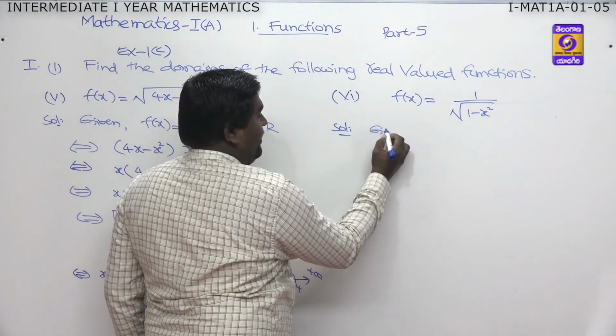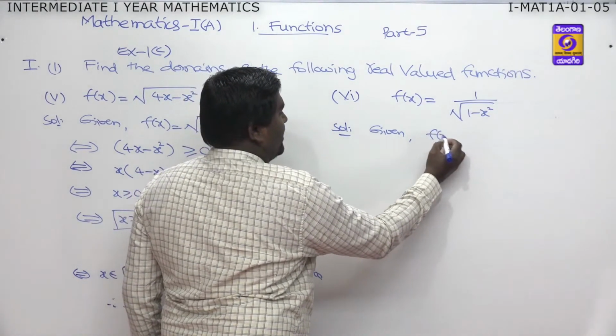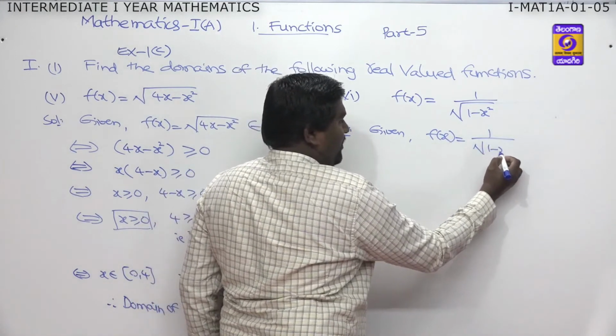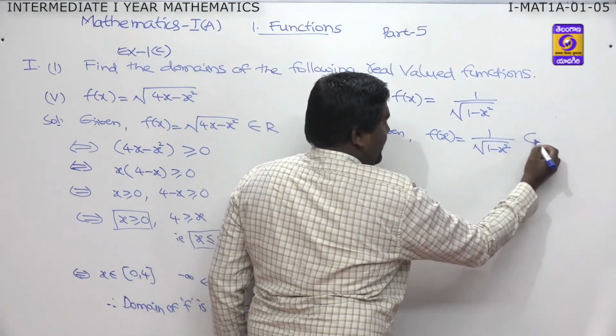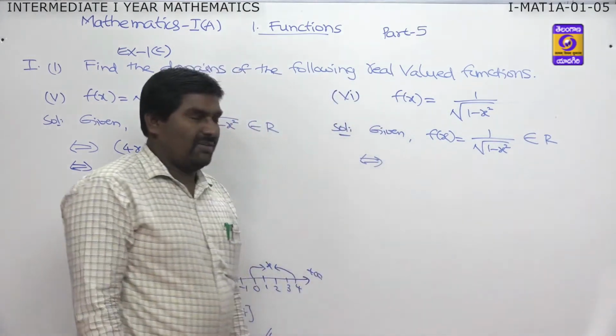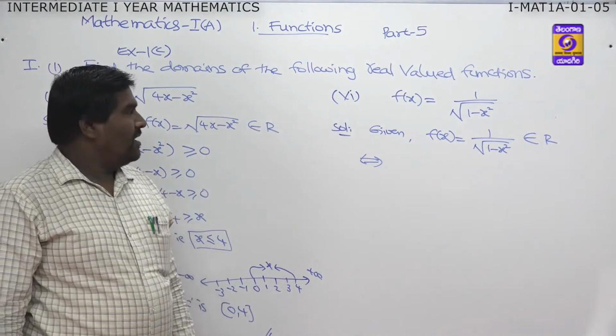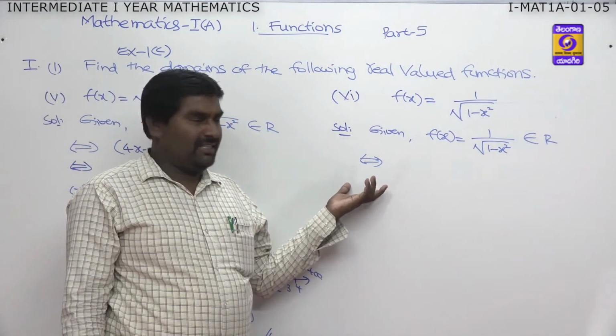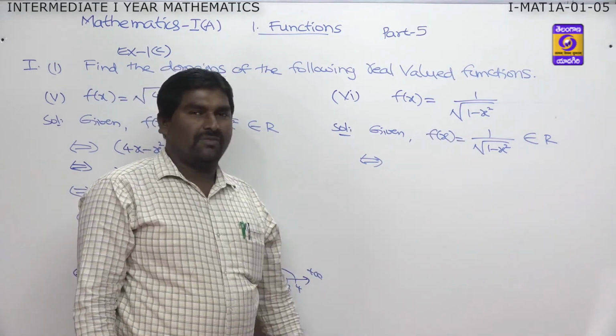Same thing, given f of x is equals to 1 by square root of 1 minus x square, clearly belongs to R. Now we have to take the condition or the values of real x for which the formula is meaningful.